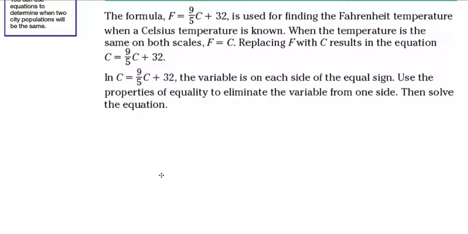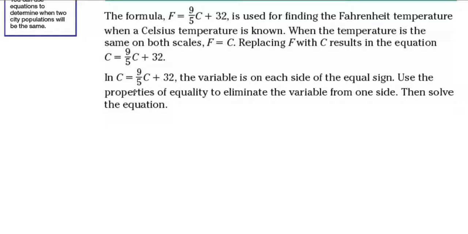So if you have a variable on both sides, the first thing you need to do is decide for yourself which variable you want to undo, left or right. It's up to you. It doesn't matter. You'll end up with the same answer. In this case we want to undo that C. Why?